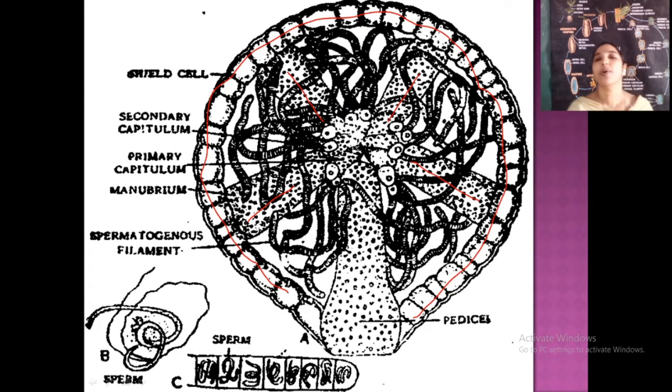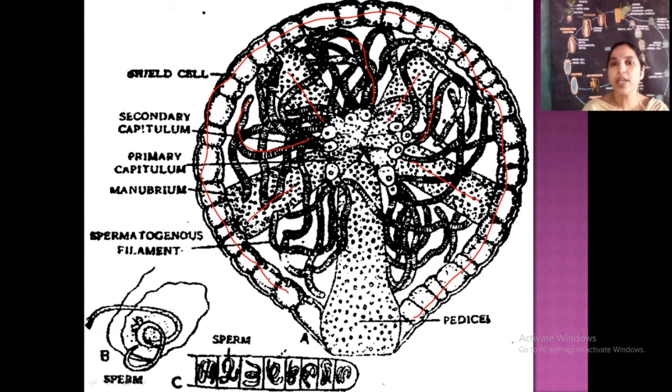Now look upon another structure. From the manubrium, what is arising? Some structures you can see from the manubrium. Primary capitulum cells. These are the primary capitulum cells arising from the manubrium. And from these primary capitulum cells, again other branches arise like this black one. You can see, what are the names of these branches?